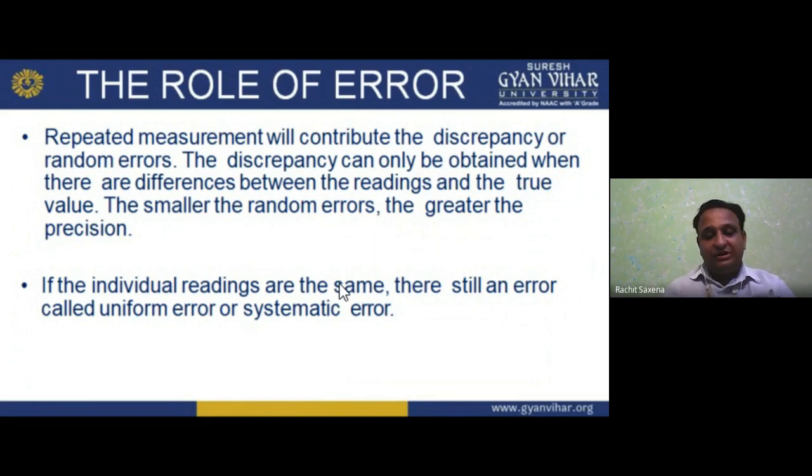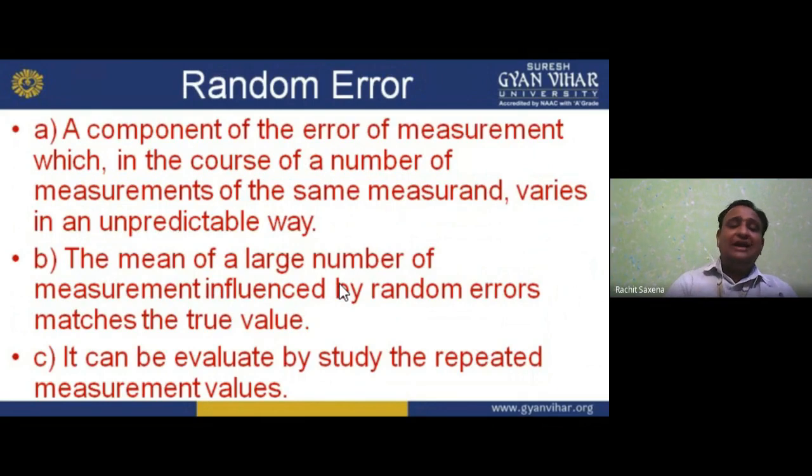Okay, I hope you understand. Now the random error. Composite error is a composition of all the errors: we can get the random, the systematic, the static, all the errors. Random error is a component of the error of measurement which, in the course of a number of measurements of the same measurand, varies in an unpredictable way. We are not able to predict it.